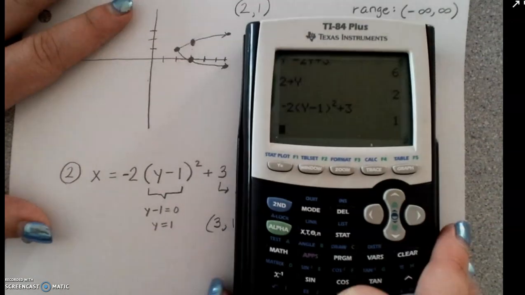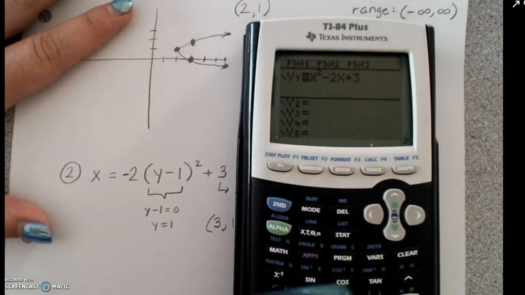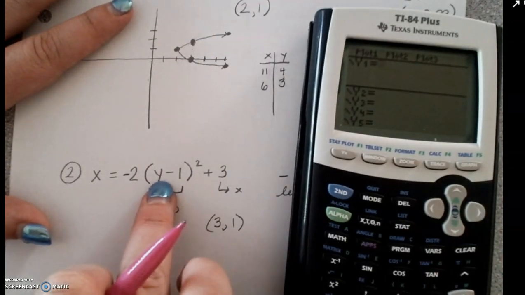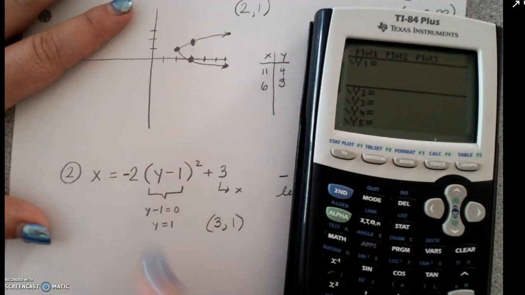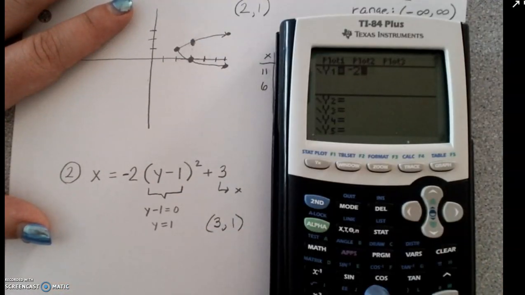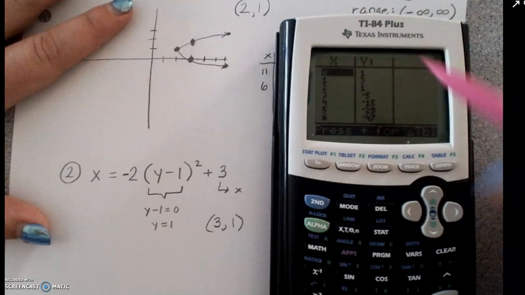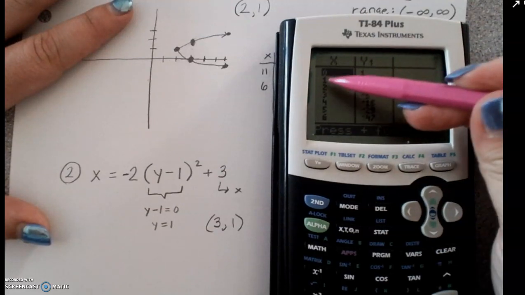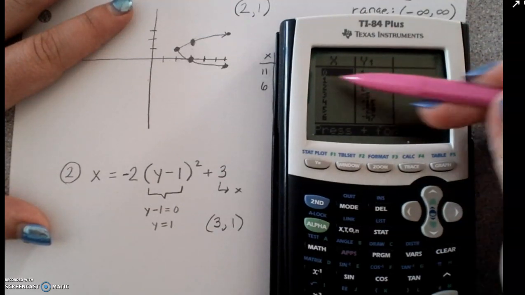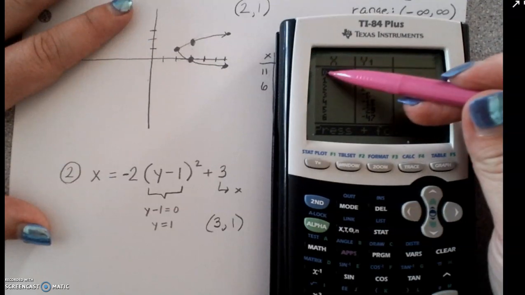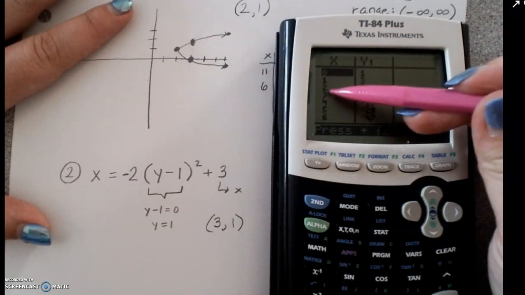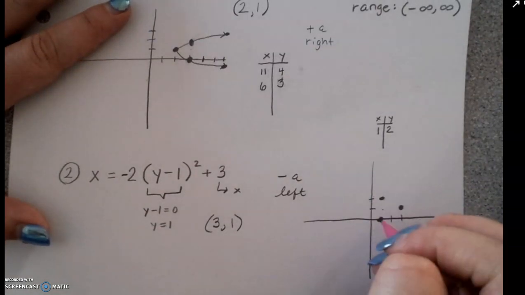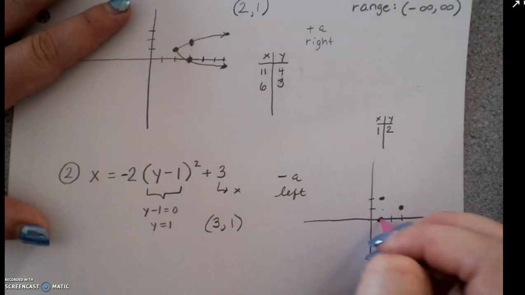In the calculator. Well, I can go to y equals. I can treat this as if it was an x, but then just view my points backwards. So look, I have a point at 3, 1. That's my vertex. I have a point at 1, 0. And I have a point at 1, 2. So there's my point at 1, 0. And there's my point at 1, 2.